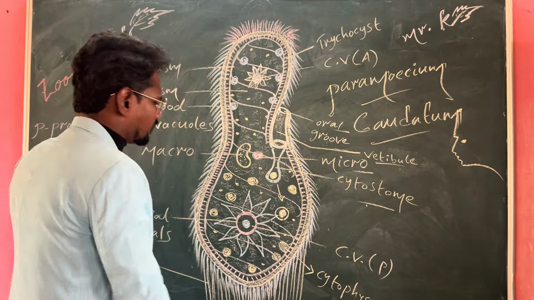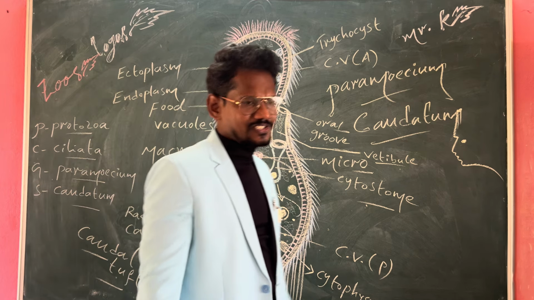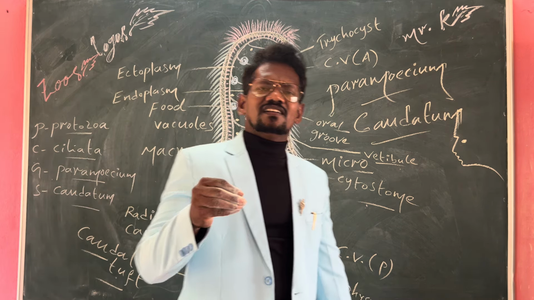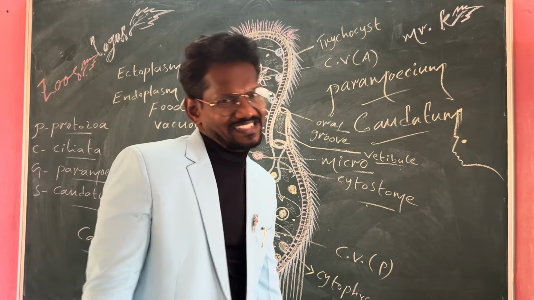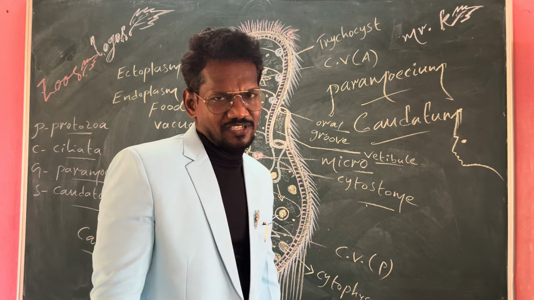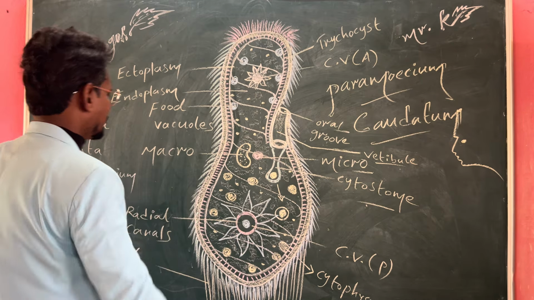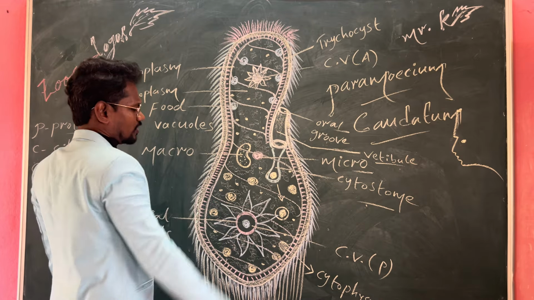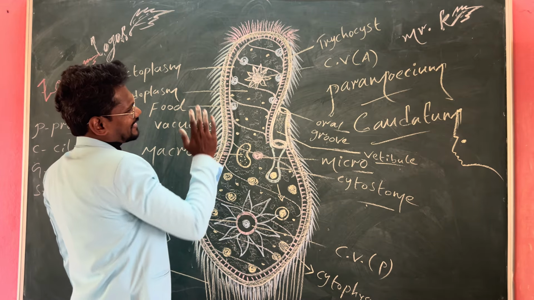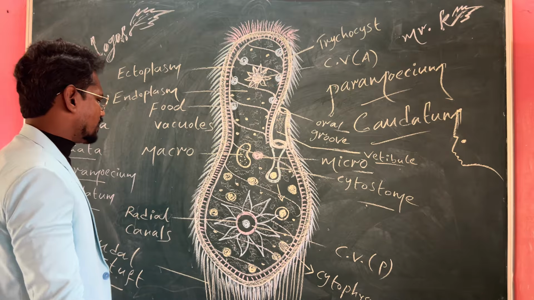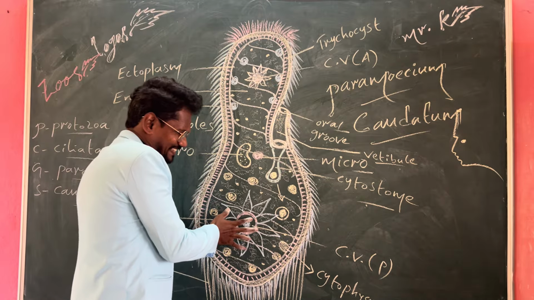All these types of binary fission are indirectly a type of mitotic cell division, remember. Then contractile vacuoles are present, anterior and posterior. Two types of contractile vacuoles are seen.